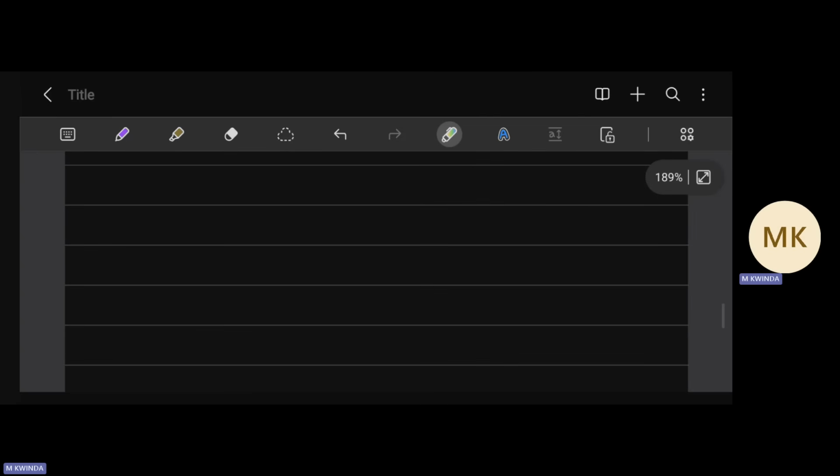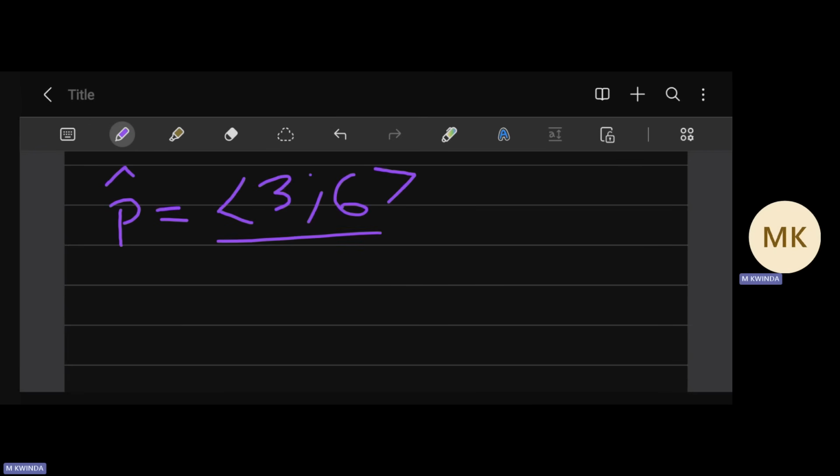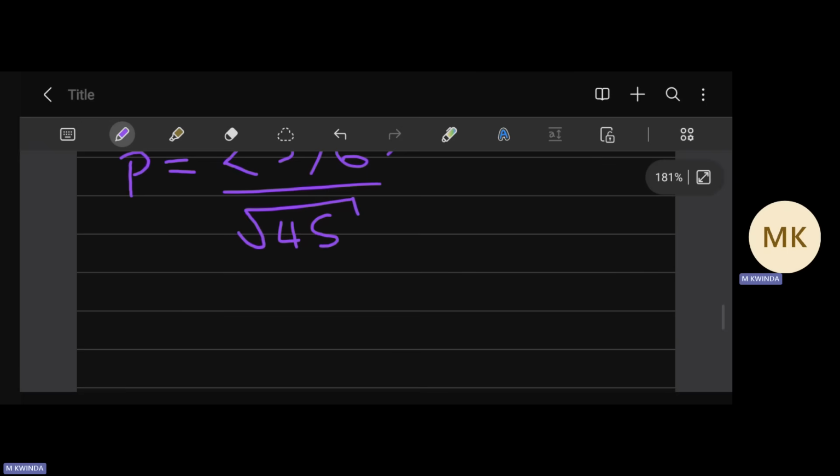Oh, I didn't write it. So using the formula, you would have P cup is equal to the vector, 3 is to 6, over the magnitude given to us, which is square root of 45, right? So all of this, you can solve it further and have it as 45, and then you have 3 is to 6.